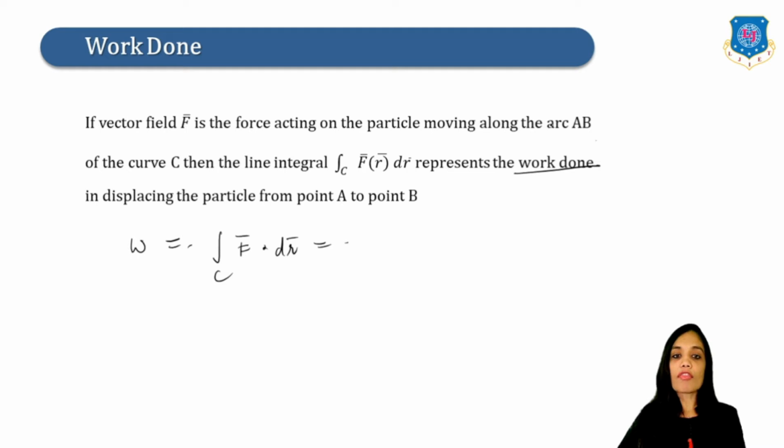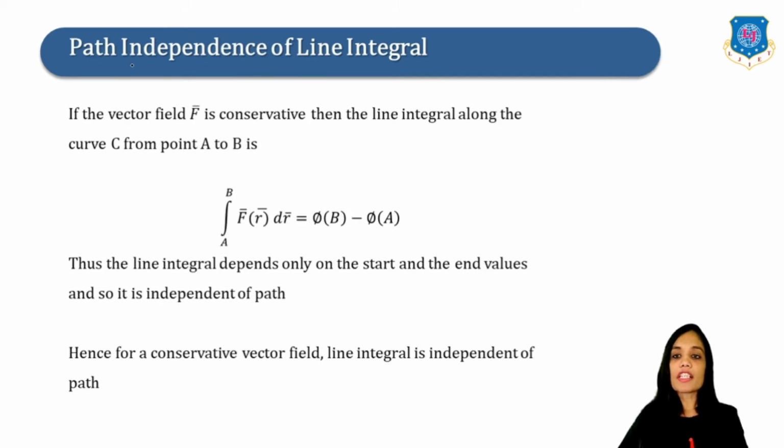But C is what? Arc AB, right? So we can take from A to B of F bar dot dr bar. So work done is the same as what? Line integral.